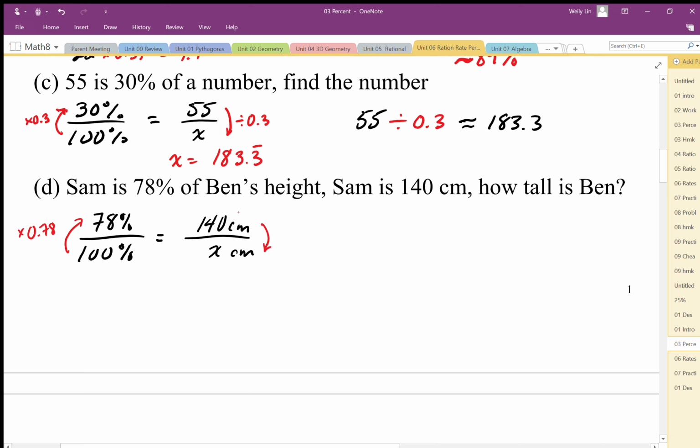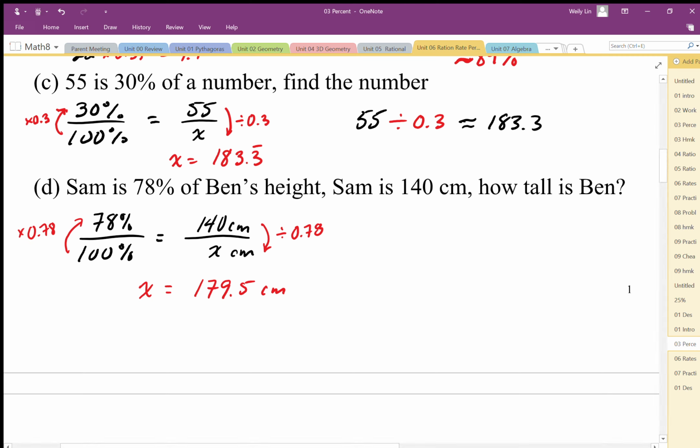So again, I want to go from the top to the bottom. So in this case, I'm going to divide by 0.78. 140 divided by 0.78 works out to be 179, and I'm going to round that to 179.5 centimeters.